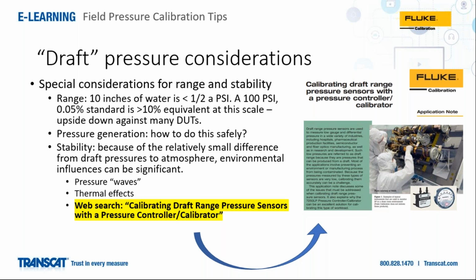If you're contemplating using one of those fine adjust knobs for draft pressure, I would highly recommend that people test this out before doing it live, to determine how much resolution they get out of that little knob, and whether this is actually going to work for my application.